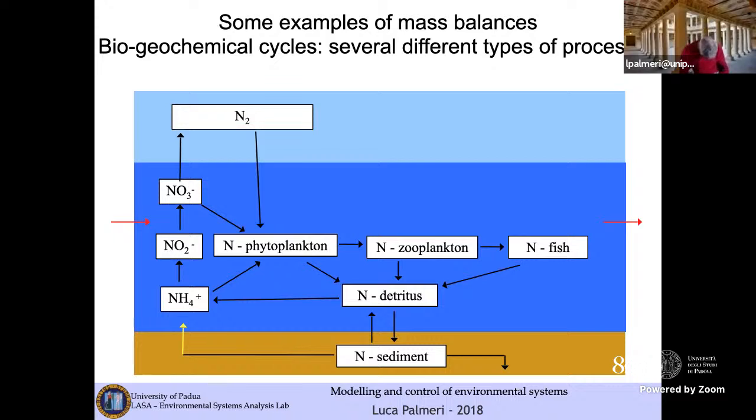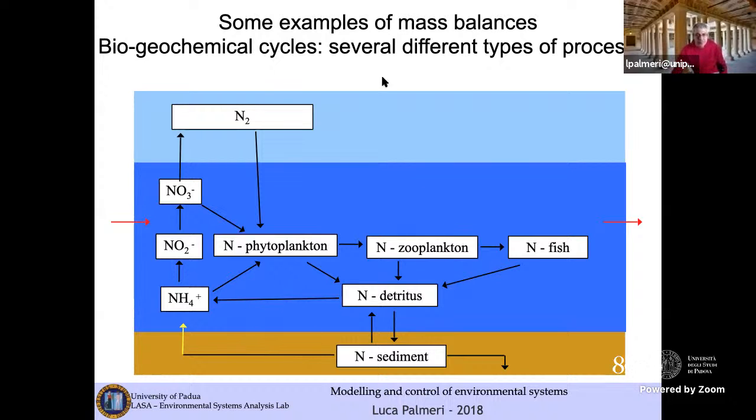So let's now end this introduction on the chemical processes by describing how we may employ mass balance to model or describe what happens in biogeochemical cycles.